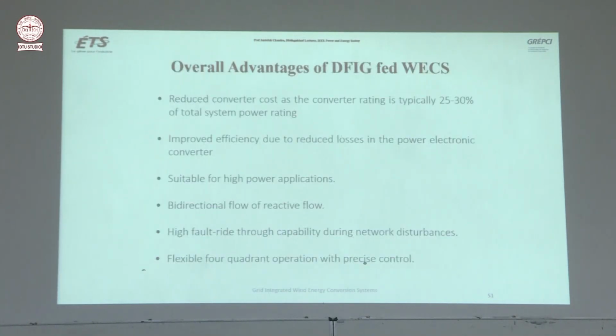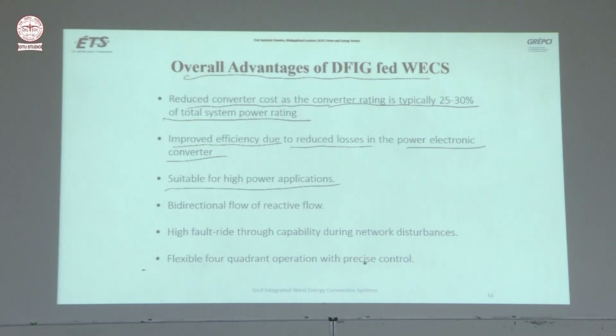So what are the overall advantages of a DFIG fed wind energy conversion system? Reduced converter cost, as the converter rating is typically 25 to 30% of the total system power rating. Improved efficiency due to reduced losses in power electronic converters.